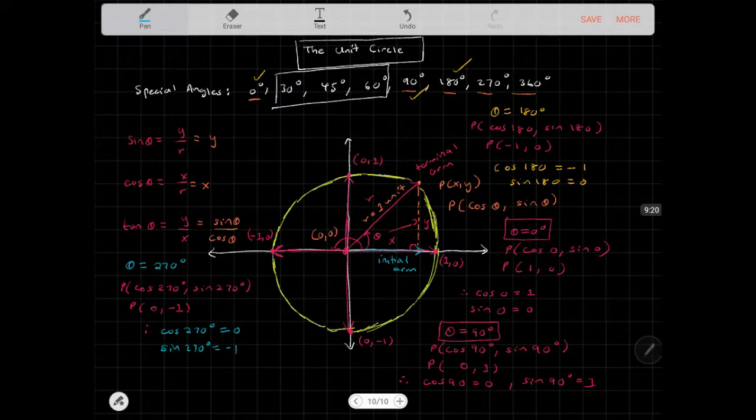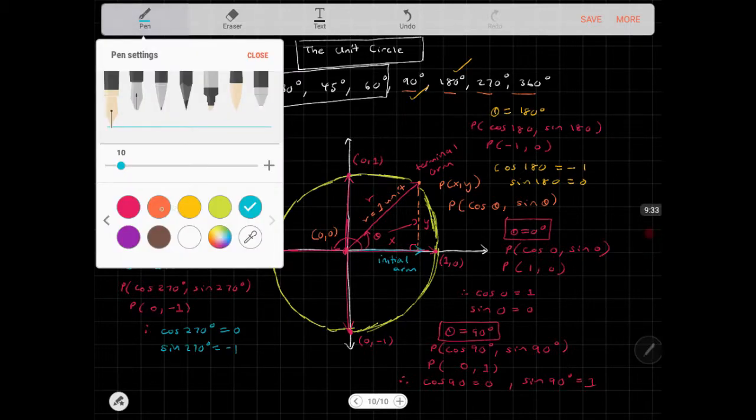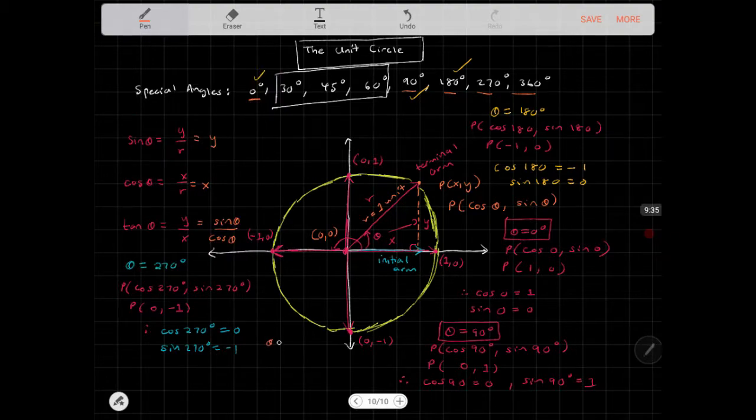And for the last case, when theta is equal to 360, you can notice that if we do the rotation from the initial arm, we just get back to 0 degrees. So it's the exact same values as 0 degrees. If theta was equal to 360, then you'd have the point cosine 360, sine 360.